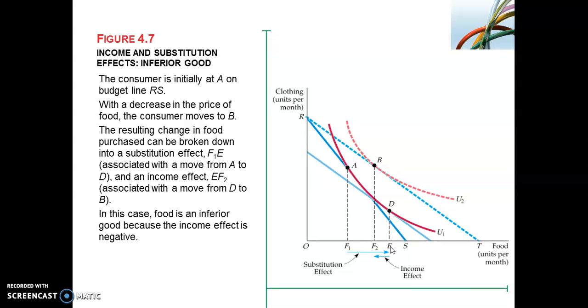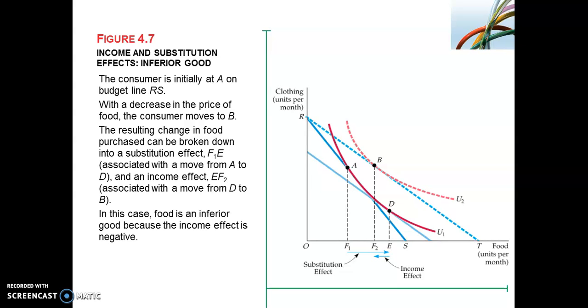So you're going to obtain it in the same way that you did previously, where you draw an imaginary budget line, parallel to your new budget line, such that you can see the relative prices differing between points A and D. So moving along this indifference curve U1, utility remains the same, but at this point where U1 is tangent to this new budget constraint, the imaginary one, that reflects the relative prices now being different.